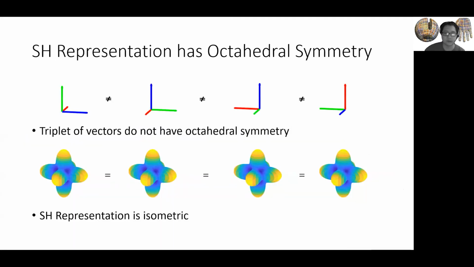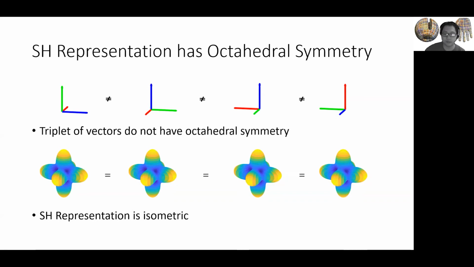The reason this is a nice representation in comparison to maybe a more naive representation is because if you were to use something like triplets of vectors visualized on the top row, what you would get is that a lot of triplets of vectors that represent the same octahedral frame are not equivalent in their representation. If you convert them into their spherical harmonic representations, then you'd see that they're all actually equivalent.